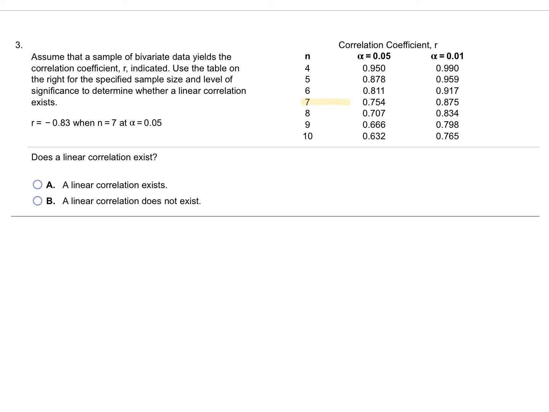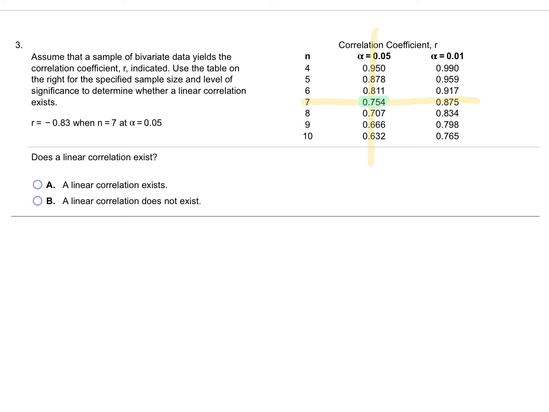So here is n equals 7 at a 0.05 significance level. So that's this column. So we can see that the intersection here is this number, 0.754. So now we want to compare 0.754 to the critical value of negative 0.83.